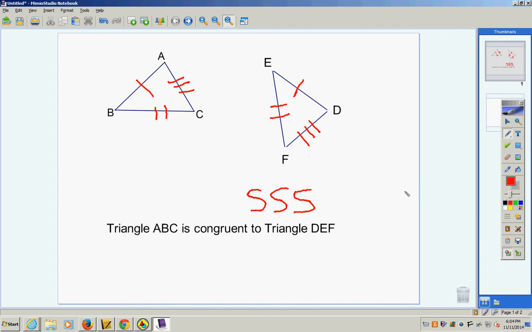All right? So that's one way to show triangles are congruent. If you prove all the sides of this triangle are congruent to all the sides of this triangle, that's congruent by side, side, side.